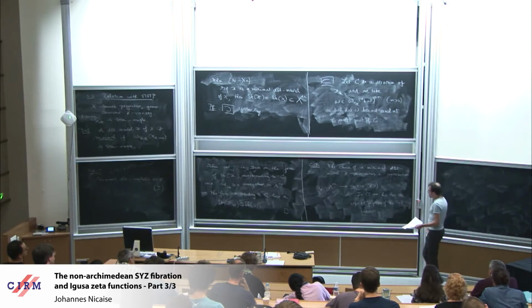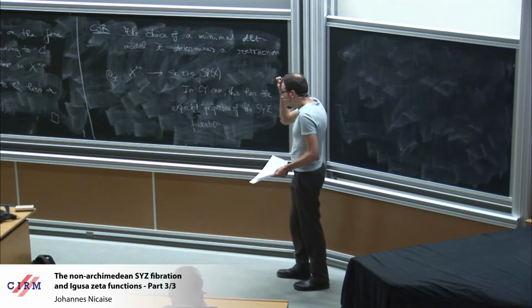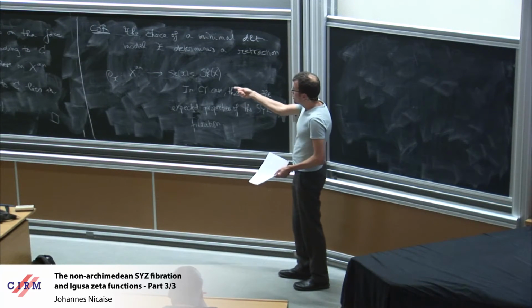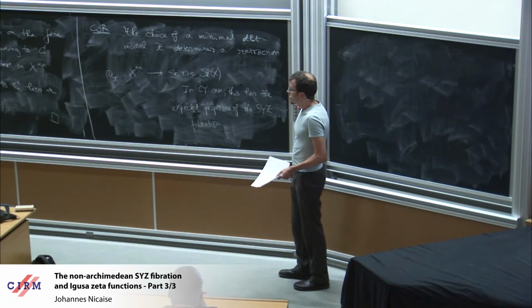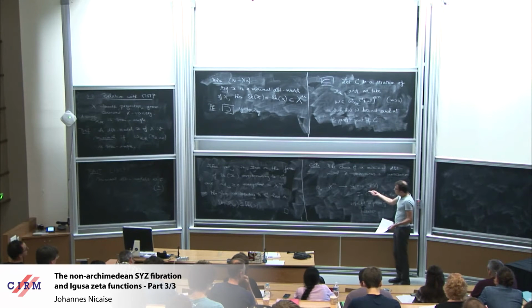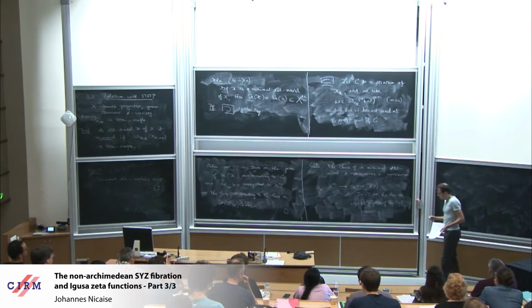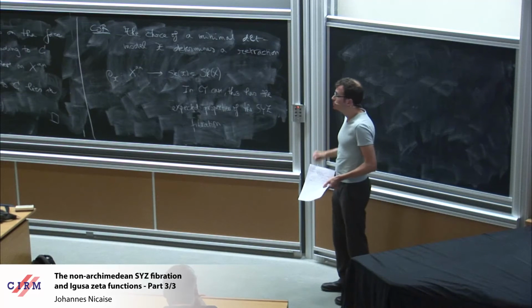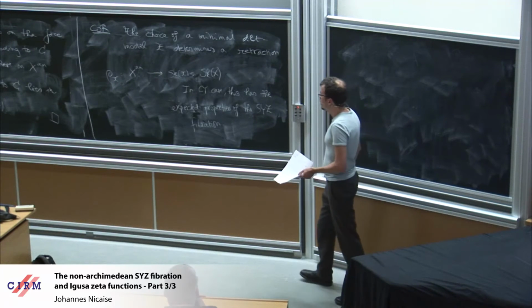In particular, we expect from the SYZ fibration that the fibers are collapsible. So we want to know that this is still a strong deformation retract. When we work with SNC models instead of DLT models, this is a result which is essentially due to Berkovich, which I've explained in the previous lectures.